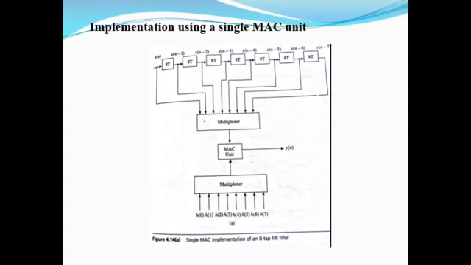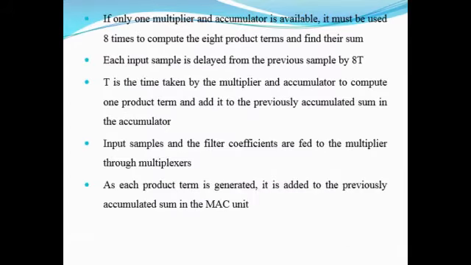So we can see here, this is the implementation using a single MAC unit. This is a MAC unit here, with 2 multiplexers, and these are the delay elements used, x of n to x of n minus 7, and h of 0 to h of 7 are the filter coefficients used for this implementation. If only one multiplier and accumulator is available, it must be used 8 times to compute the 8 product terms.